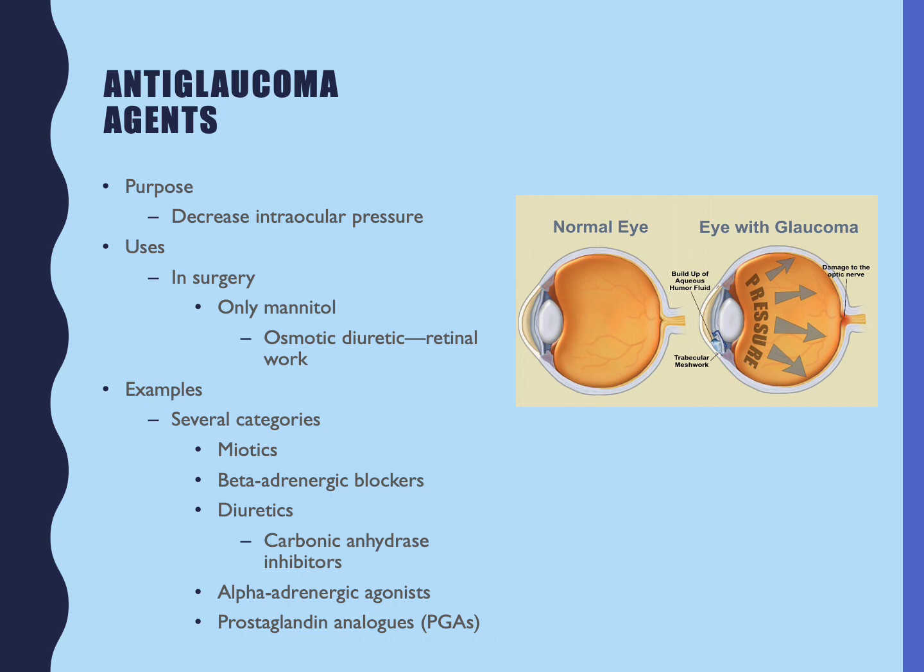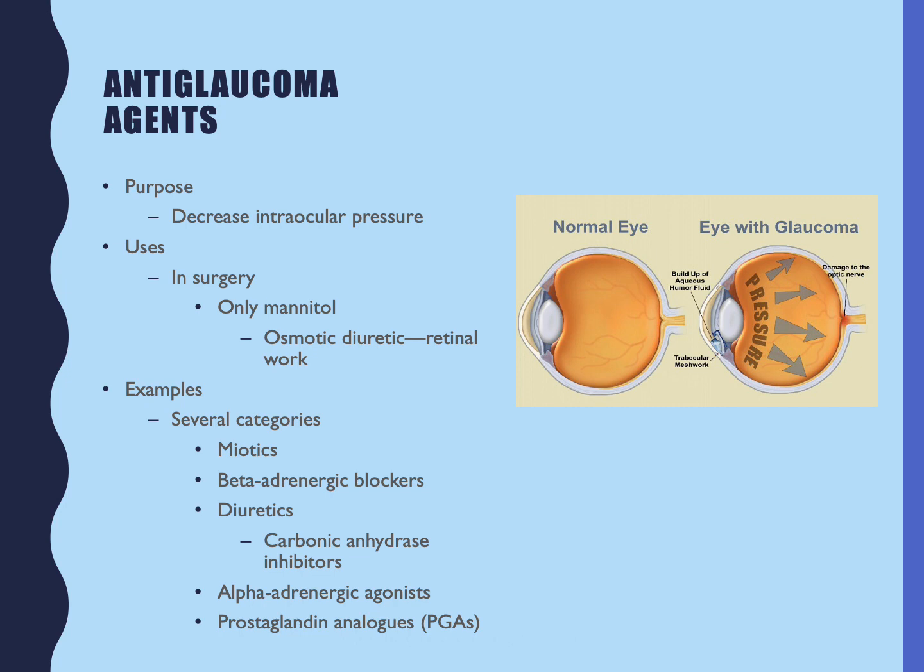There are several categories of anti-glaucoma agents, and these include miotics, beta-adrenergic blockers, diuretics like carbonic anhydrase inhibitors, alpha-adrenergic agonists, and prostaglandin analogs, or PGAs.